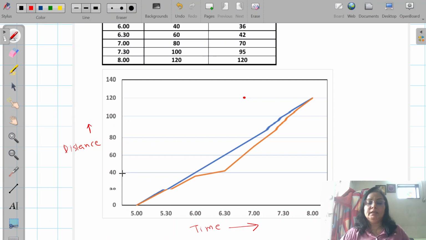You can see that he moved from 40 kilometers to 60 kilometers between 6 and 6:30, whereas Akbar covered 36 kilometers to 42 kilometers.